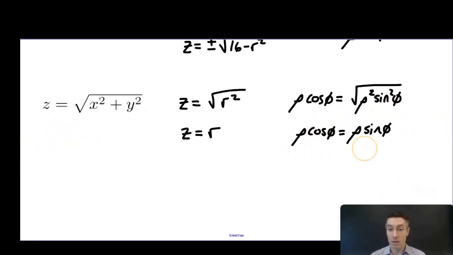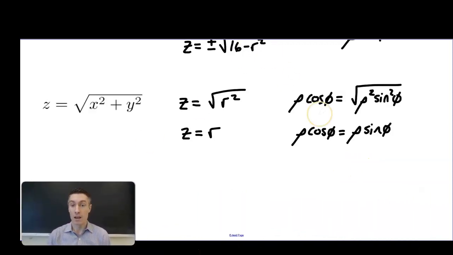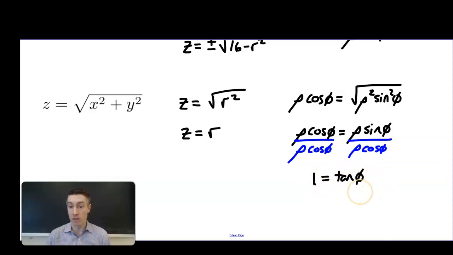So now to create something useful from this, we can divide both sides by rho cosine phi. So that's 1 equals tangent phi, which means phi equals pi over 4. Right, so this is the upper half of a cone, and we confirm what we established earlier, that phi equals a constant is going to create a cone. And this is how we would derive that from an equation in rectangular.